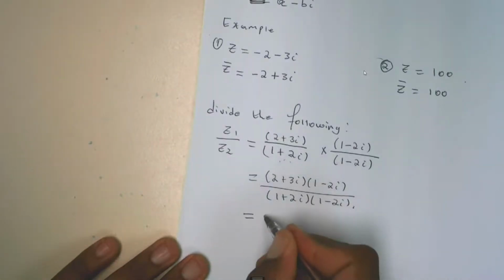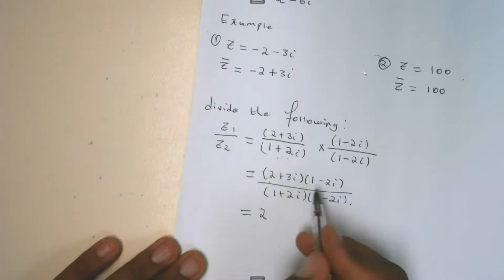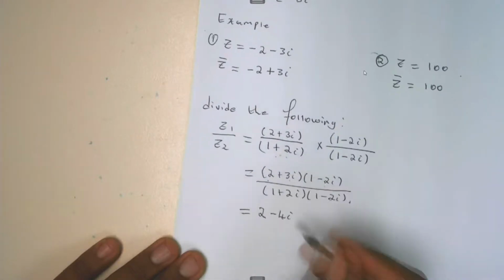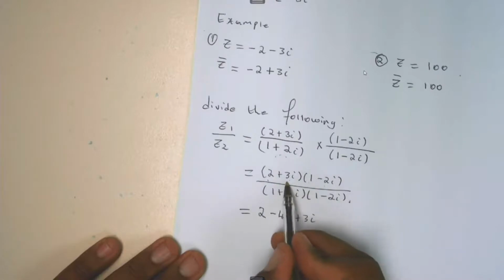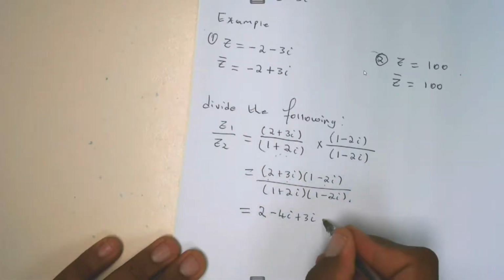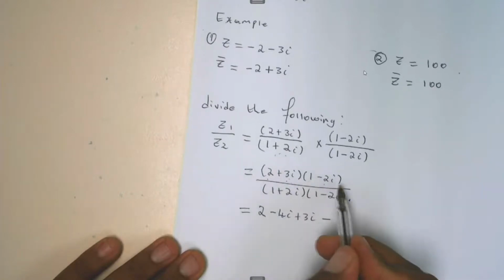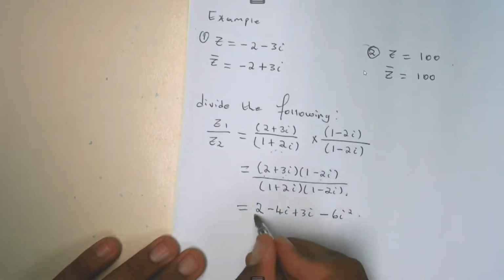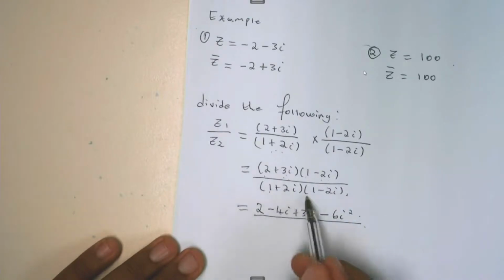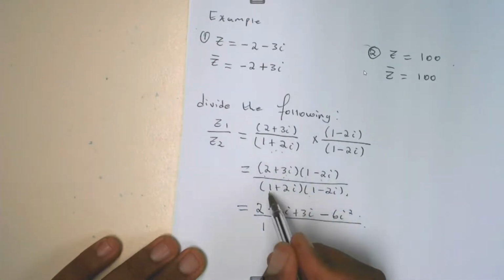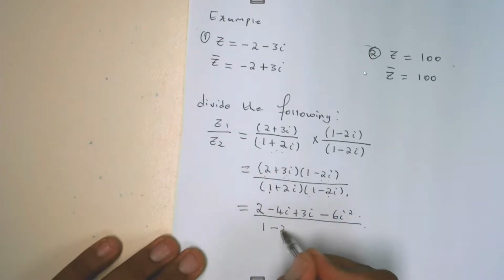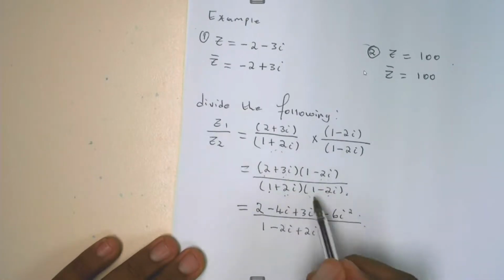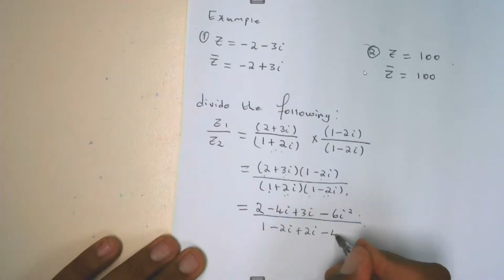So, we're going to have 2 multiplied by 1 is 2. 2 multiplied by negative 2i will be minus 4i. 3i multiplied by 1 will be 3i. 3i multiplied by negative 2i will be negative 6i squared, divided by how much? 1 multiplied by 1, 1 multiplied by negative 2i, 2i multiplied by 1, 2i multiplied by negative 2i squared.